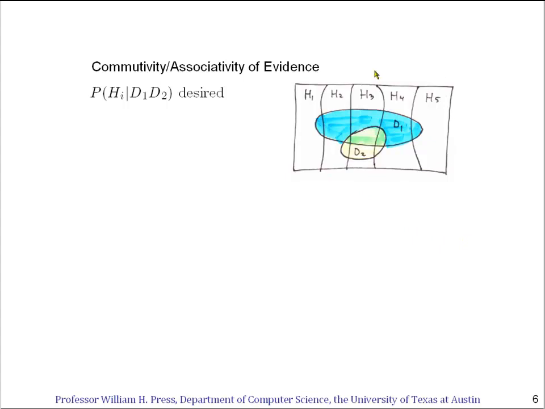Now, if you look at the picture of what we mean by that, the H's are now the hypotheses, and when we see data 1, it maybe restricts us to this set of outcomes. And then when we see data 2, it restricts us to this set. And it's obvious that the overlap, the intersection set here that's been colored green, is independent of the order in which I write down D1 and D2. So we know this probably has to work out.